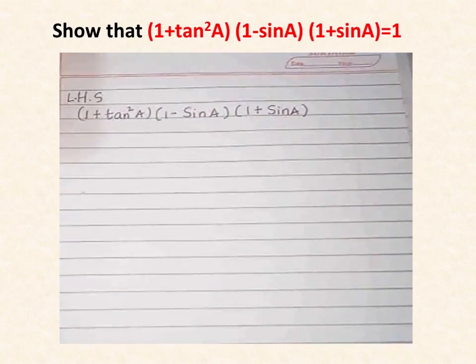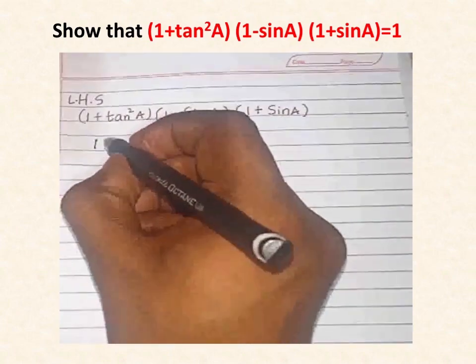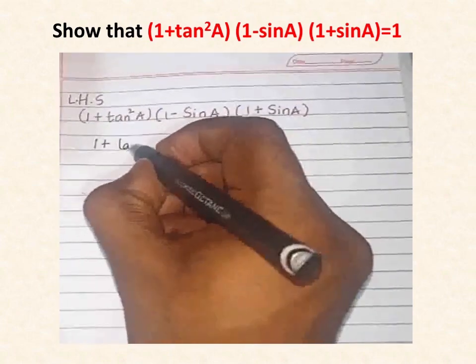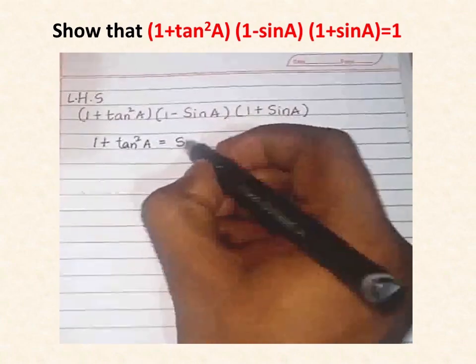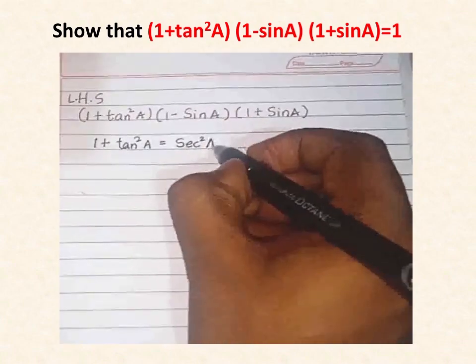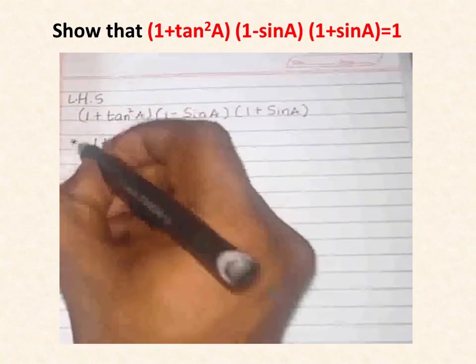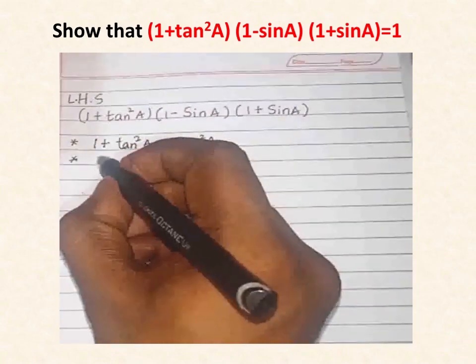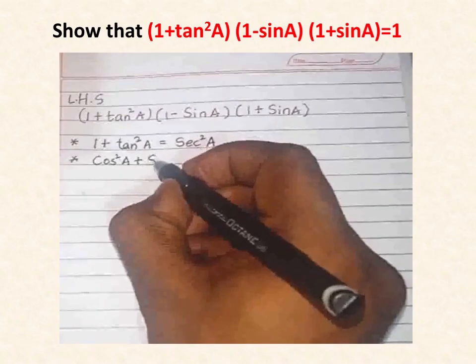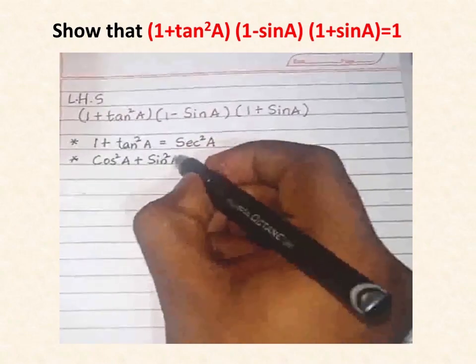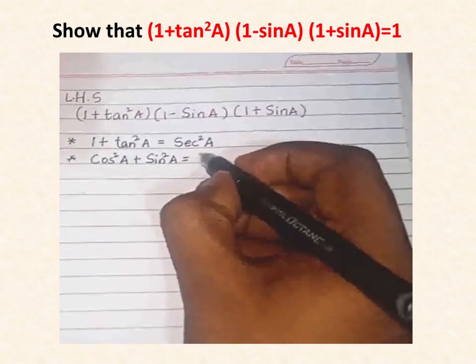Now for this question we have to use two important identities. 1 plus tan square A equals secant square A. Then one more identity is sin square A plus cos square A equals 1, otherwise cos square A plus sin square A equals 1.